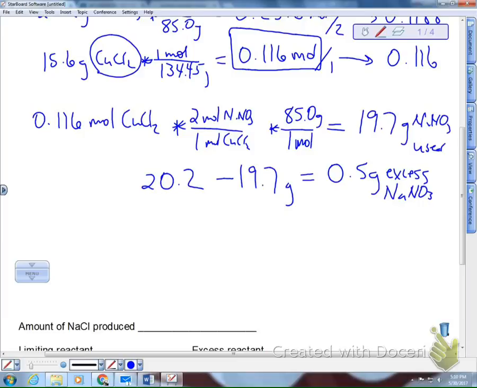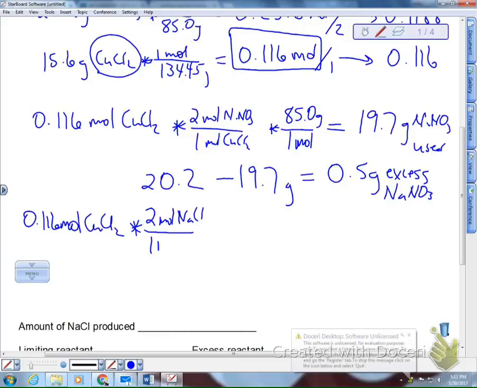All right, let's move on now to find the theoretical yield. Again, we're going to start with our limiting reactant. We're already in moles, so get right to the stoich. 2 moles of NaCl, that's what the problem asks us to find, per 1 mole of the copper 2 chloride.